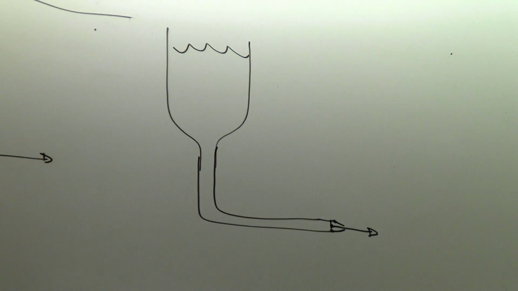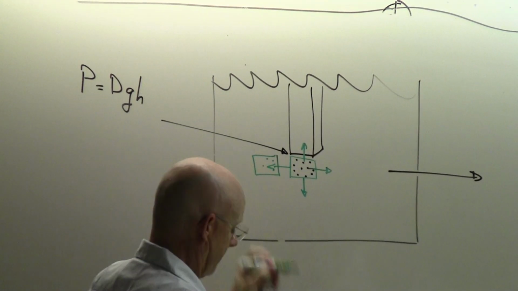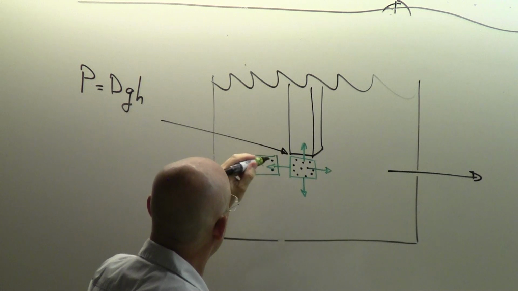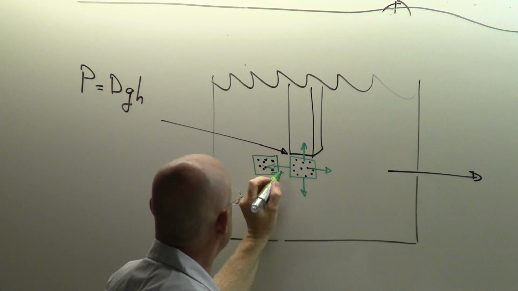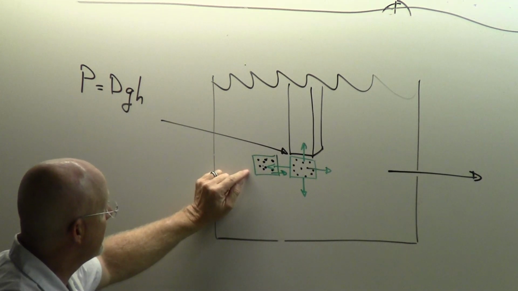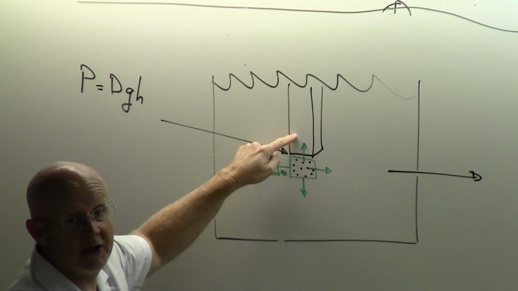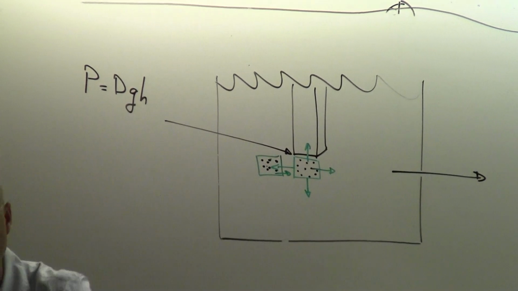But what I'm trying to point out here is this box next to it needs to push back with the same pressure. And so this box, even though it's not right under this column, actually has the same pressure as the box that is right underneath it.